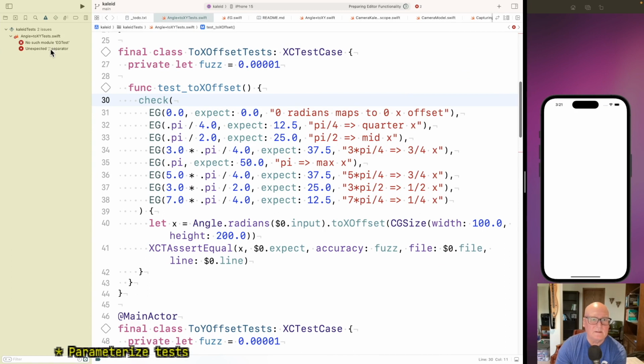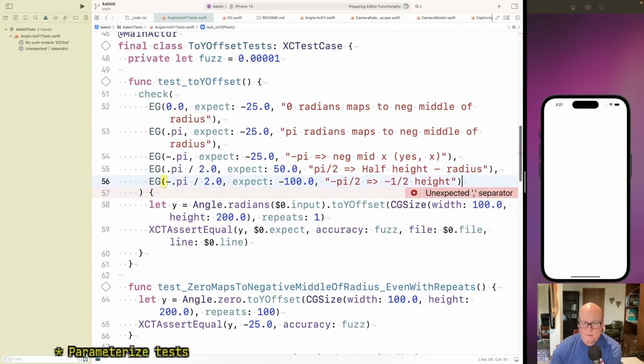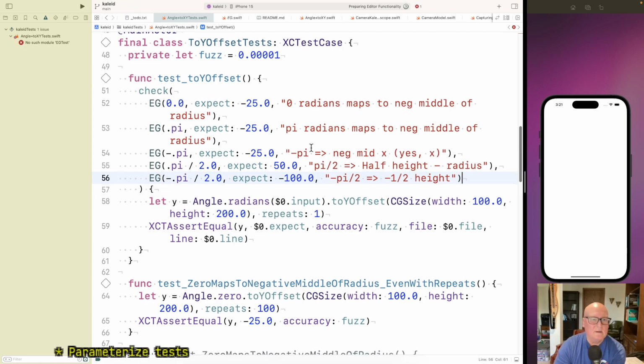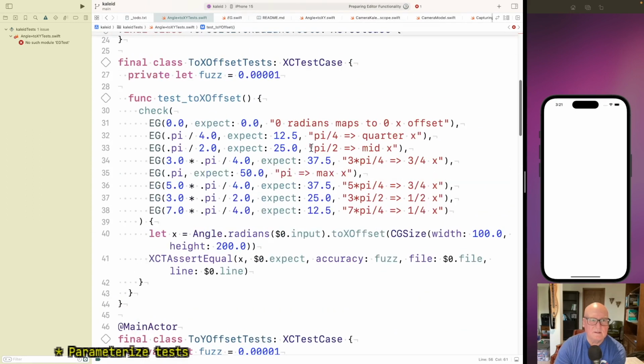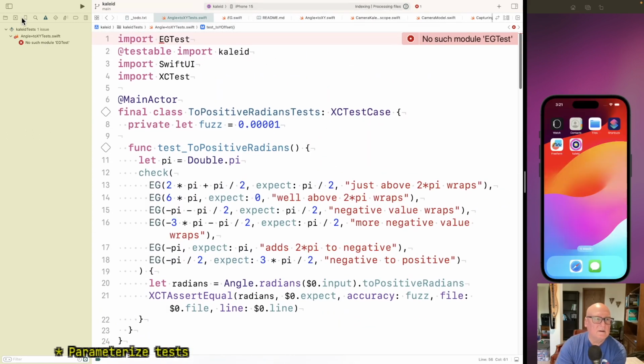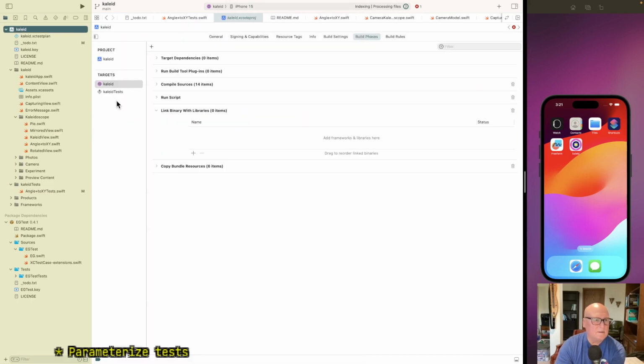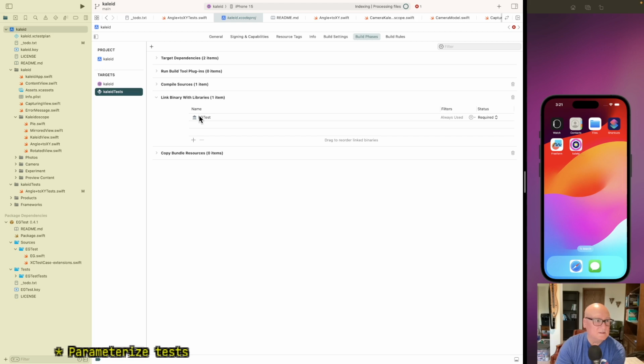Now, back to this. Unexpected separator. Okay, that one. It's like it didn't compile. No such module EG test. Okay. EG test is in Collide tests, which is the only one that uses it.